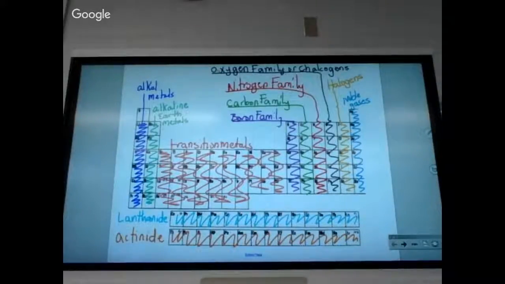I really cannot spell banana without singing that song. I don't even spell it right. Is that lanthanide or lanthanide? Lanthanide.